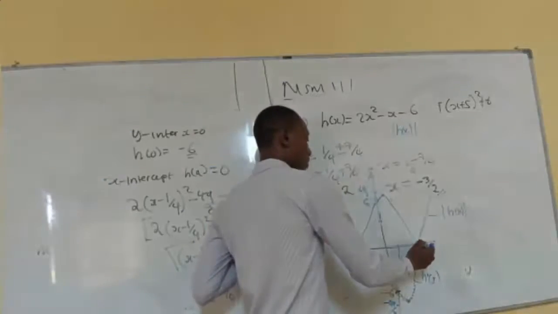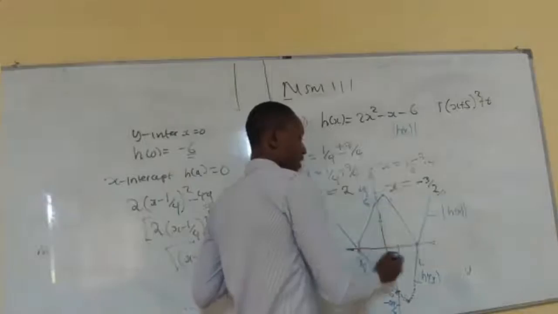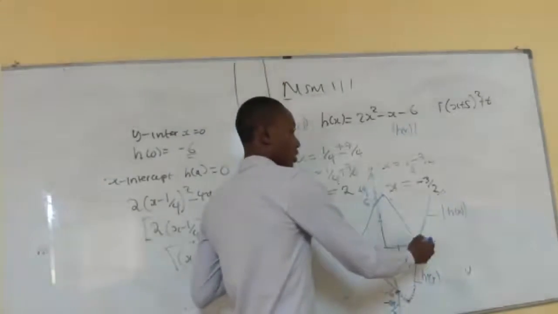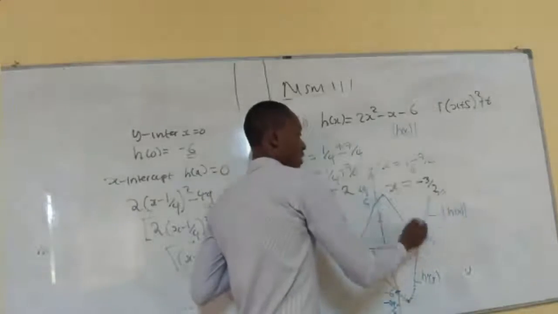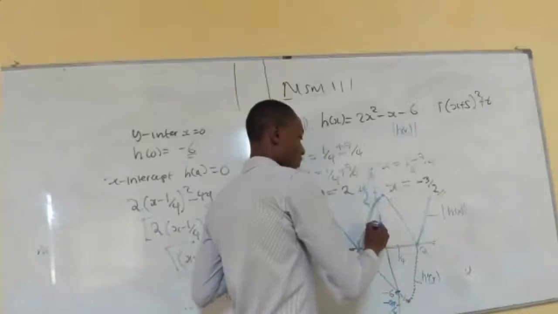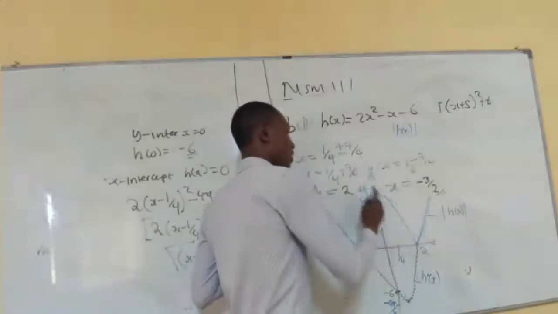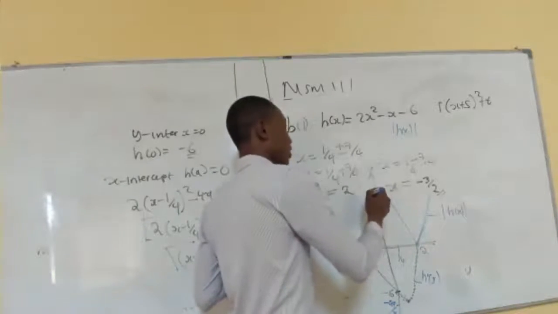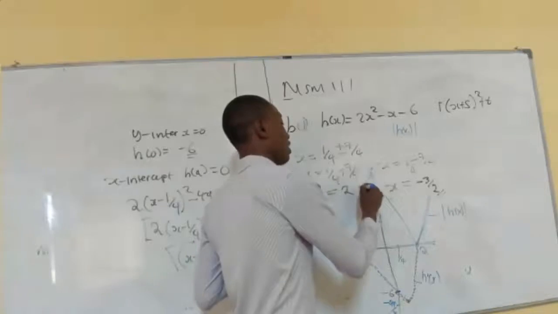Then these two points are the intercepts, so this is 2, this is 2. This line is bold. So this is actually 49/8.